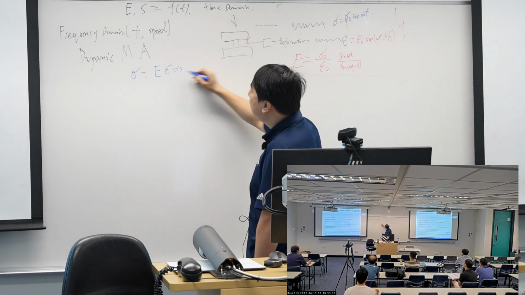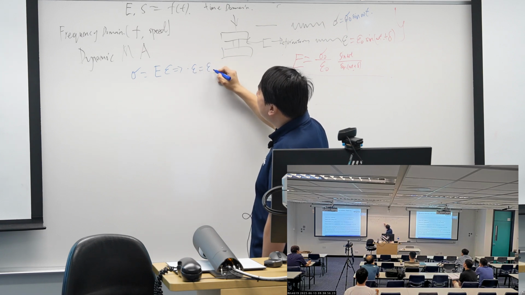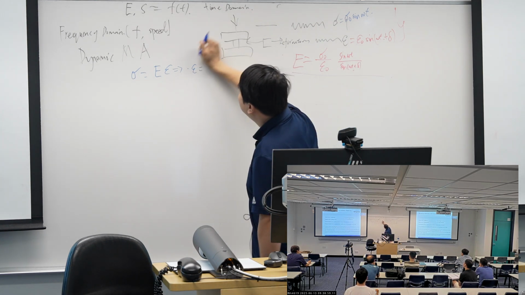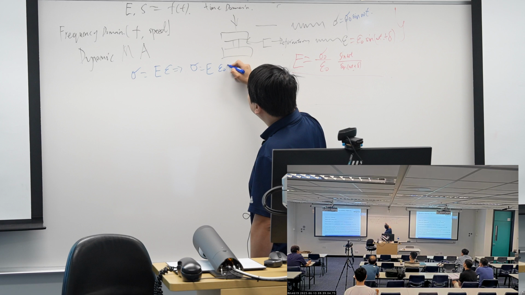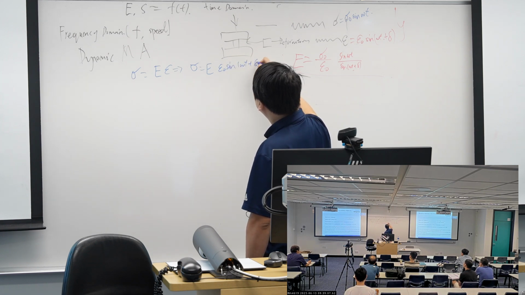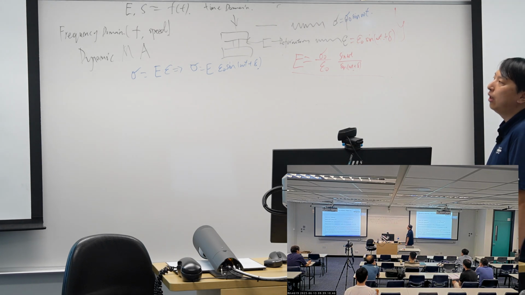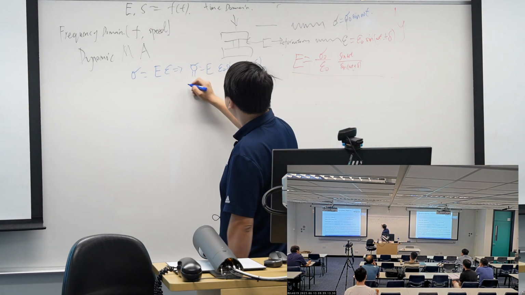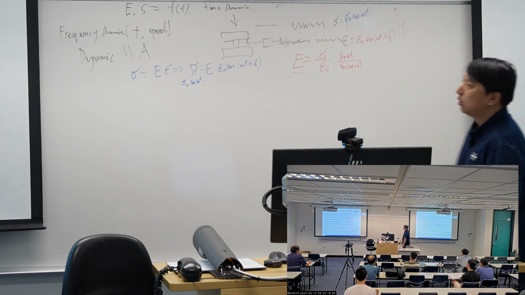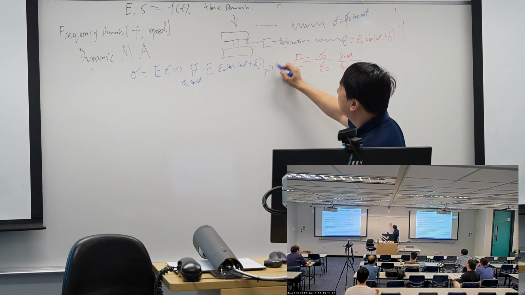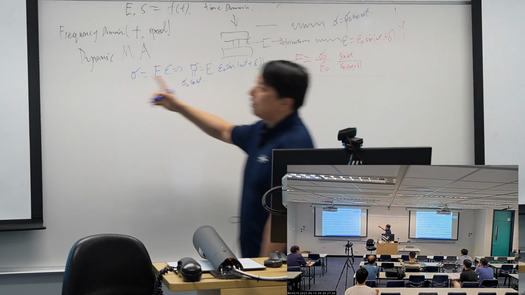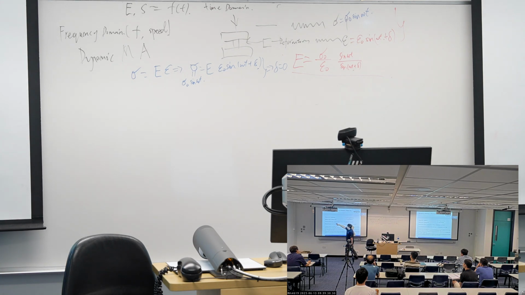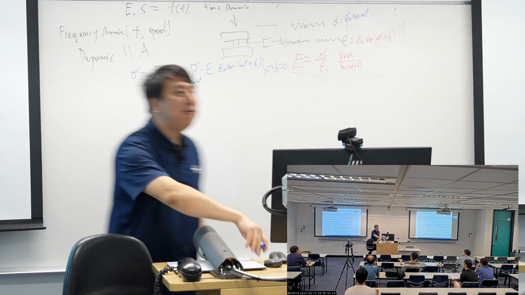So once the epsilon is a function of time, I can directly write down the sigma, which is sigma 0 sine omega t. So as such, we can easily detect the delta is 0.